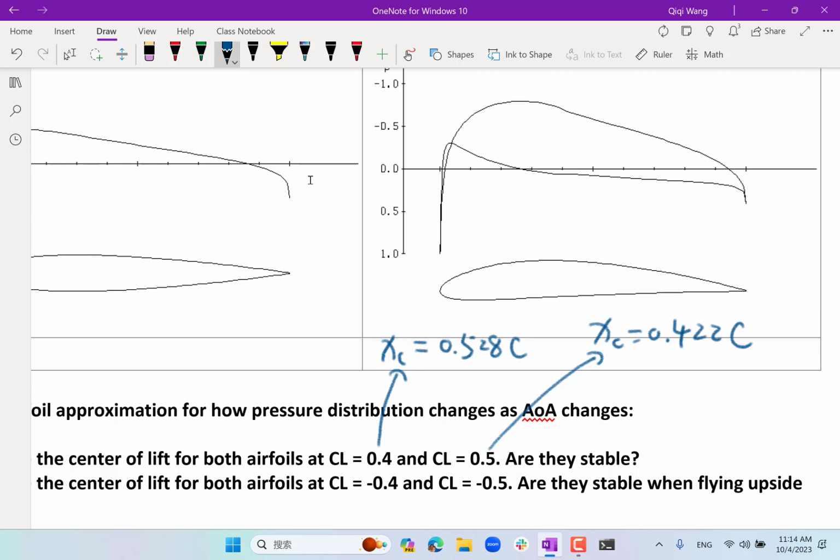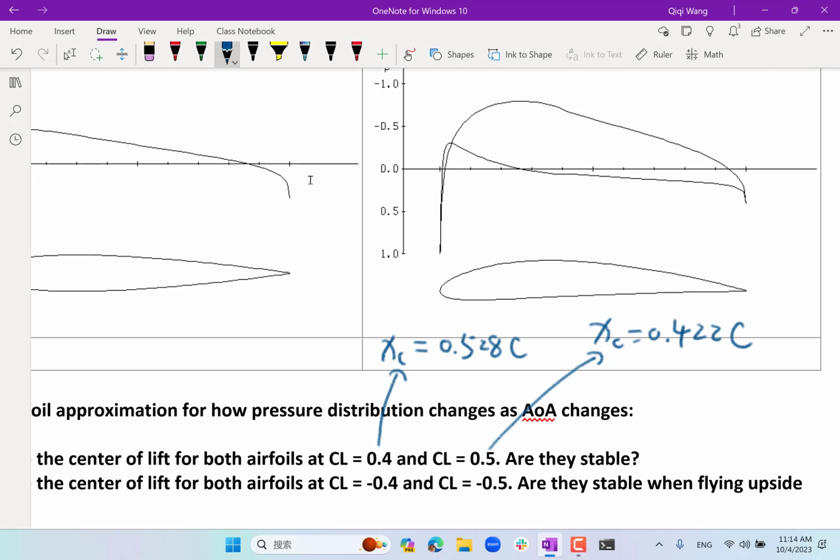If this is the only wing I have, and my airplane is designed to fly at CL equal to 0.4, where should the center of gravity be in order for the airplane to fly straight, without a moment that rotates the airplane? That's the cruise condition. It should be at the center of lift for that CL.